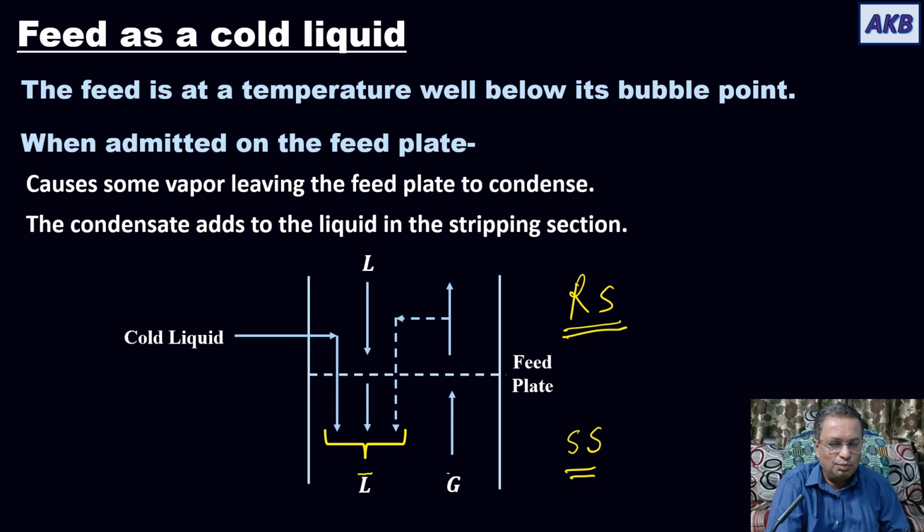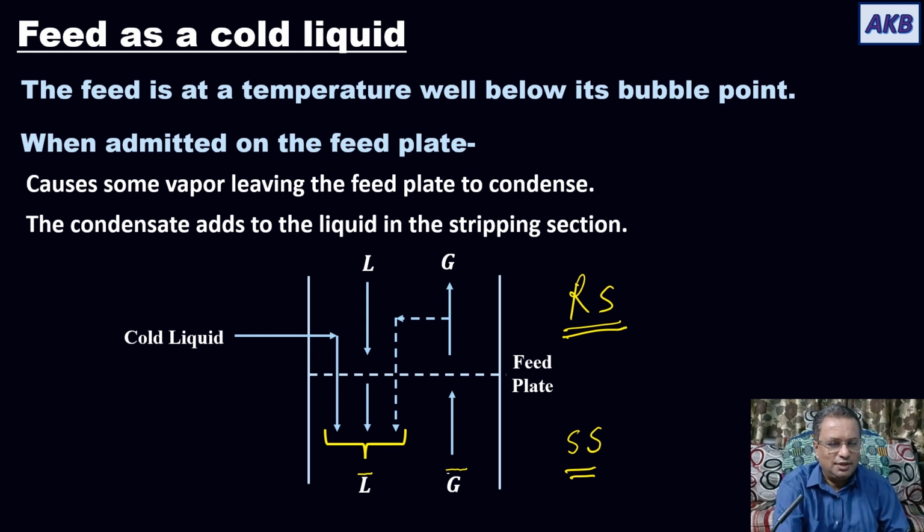Similarly, the molar flow rate of vapor phase will be the same in a section. In the stripping section, it will be the same throughout that section. We are going to denote that by G bar. And similarly, it will be the same throughout the rectifying section, and we are going to denote that by G. Okay.